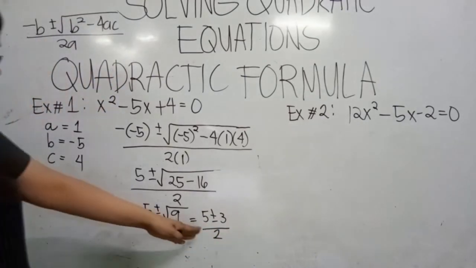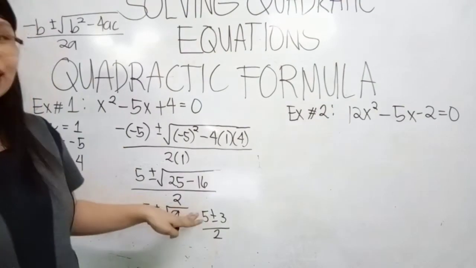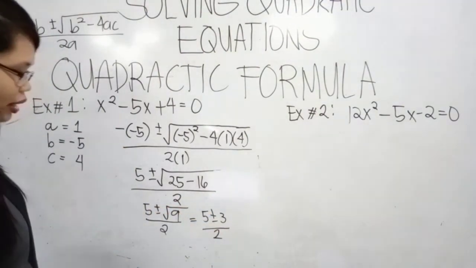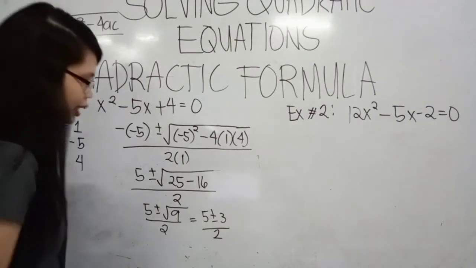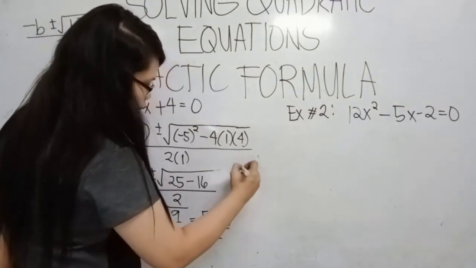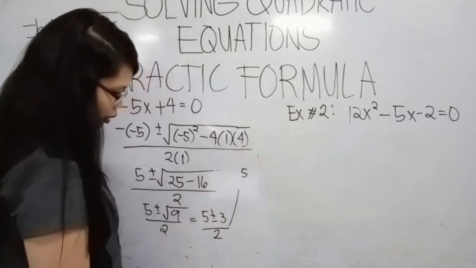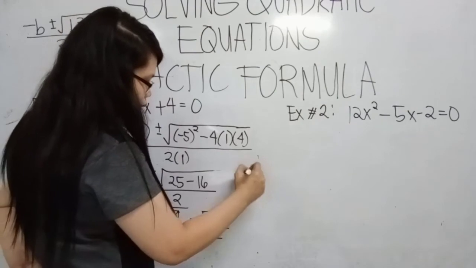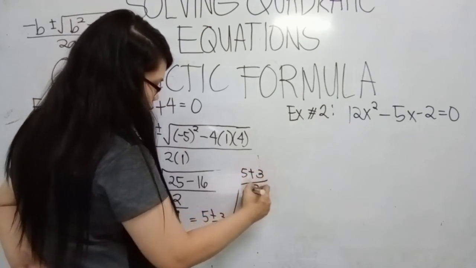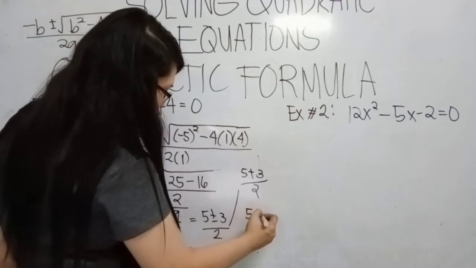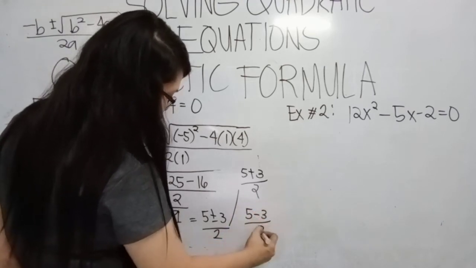Since we have that, let's separate the positive and negative 3. The first x is 5 plus 3 divided by 2, and the other one is 5 minus 3 divided by 2.